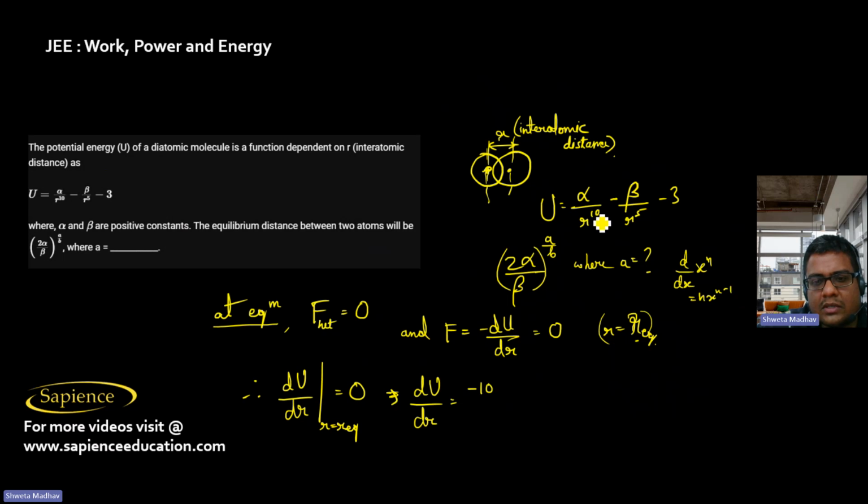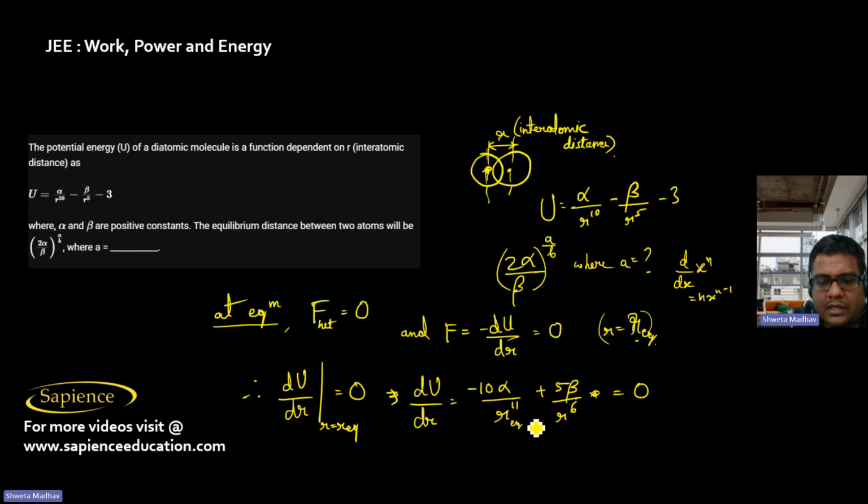So this is minus 10 alpha by r power 11, then plus 5 beta by r power 6, plus 0, since 3 is a constant. So that should be equal to 0.